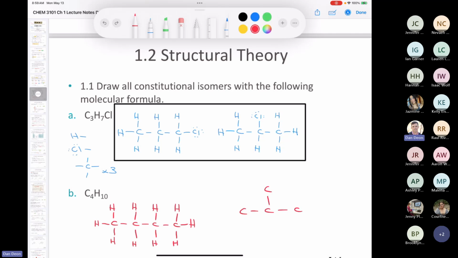So I'm going to put 1, 2, 3. Okay, I'm going to do the same thing to this one. 1, 2, 3, and then 1, 2, 3. Could anybody tell me how many bonds this carbon is missing? The second one that I highlighted in green. Yeah, exactly. It's missing 1. Okay, so there we go.